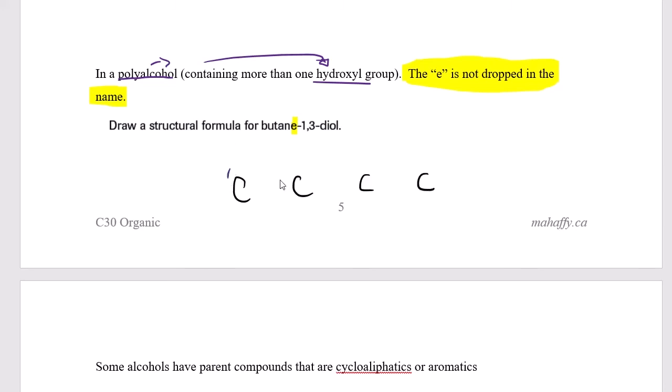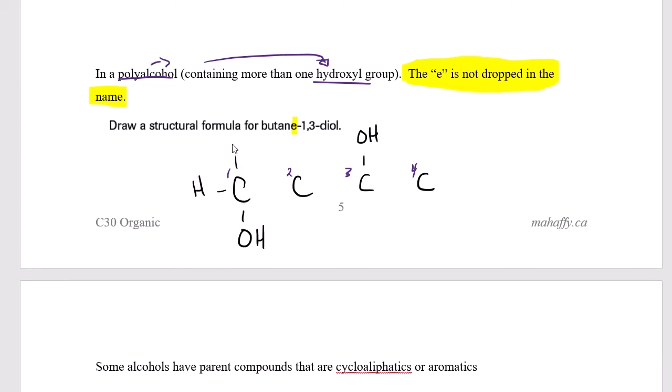Let's number these. We can go left to right because we get to choose. And then we've got hydroxyls on carbon 1 and on carbon 3. So we can put a hydroxyl here and a hydroxyl here. It doesn't matter if we point them up or down. Then we're going to fill up the rest of these spots with hydrogens.